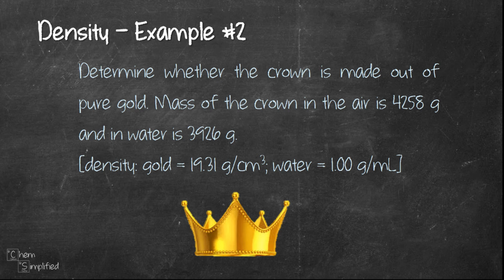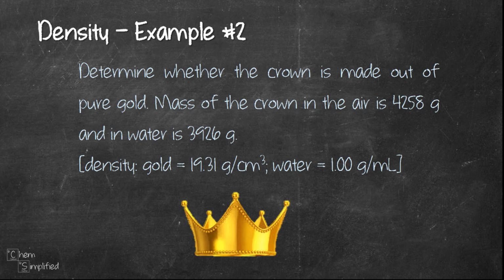We're given two masses: the mass of the crown in the air, that's 4258 grams, and the mass of the crown in water, that's 3926 grams. And then we are also given two densities for our reference, one for gold and the other one for water. And we're given the look of the crown. So it looks like a gold crown, and we're trying to figure out whether that's pure gold or not.